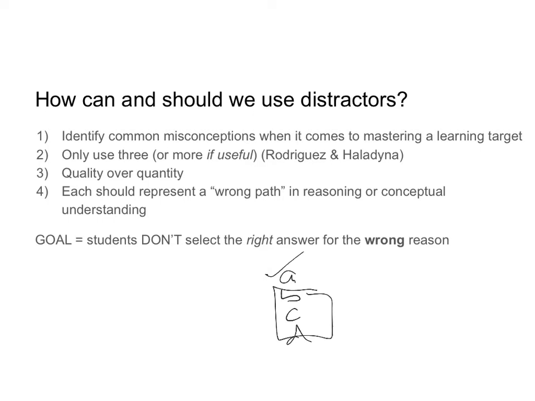Rodriguez and Haladyna say that only using 3 is actually a lot more useful than using, say, 4 or 5, because it's the quality that counts more than the quantity. Because each wrong answer should represent a wrong path in reasoning or conceptual understanding, because we want students to not select the right answer for the wrong reason.